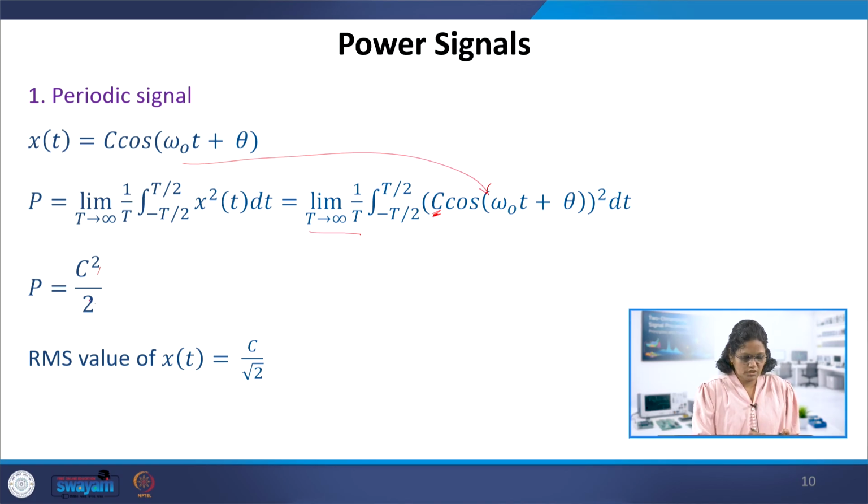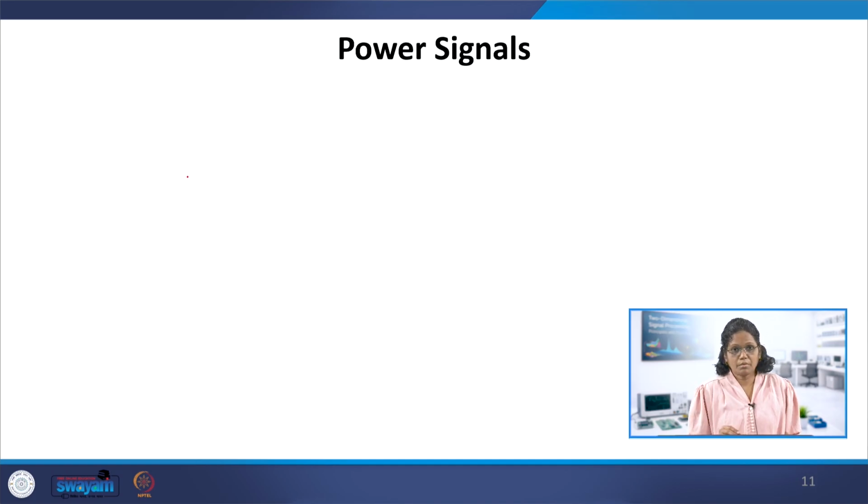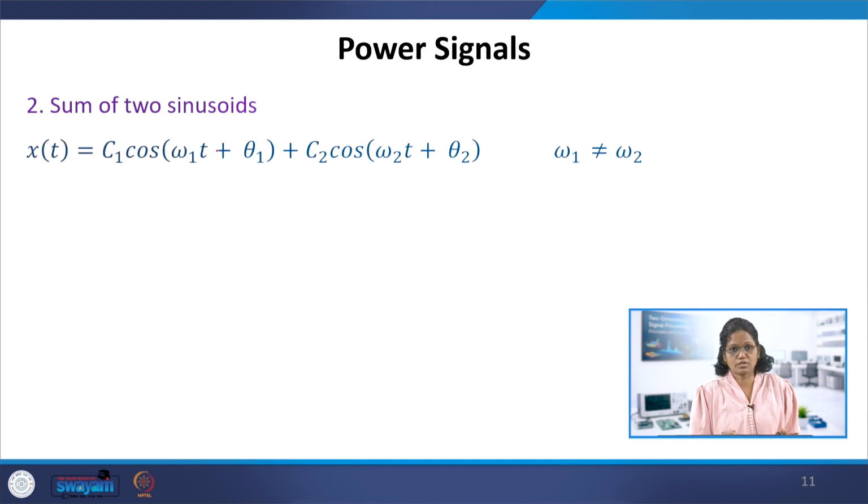These are the relations we need to know for the signals. If it is periodic, it has only one frequency. For example, consider a signal that is the sum of two sinusoids: c1 cos(omega 1 t plus theta 1) plus c2 cos(omega 2 t plus theta 2).